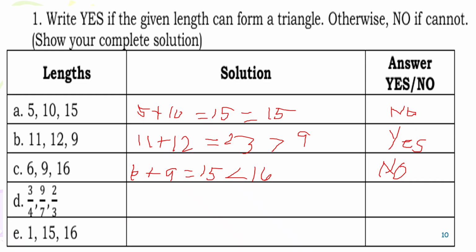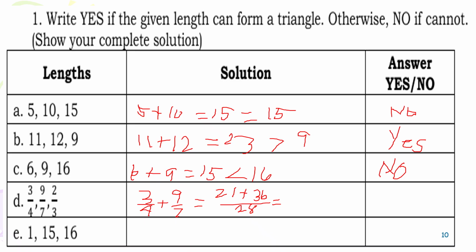Okay. And here, 3/4 plus 9/7 equals 21 plus 36 over 28.